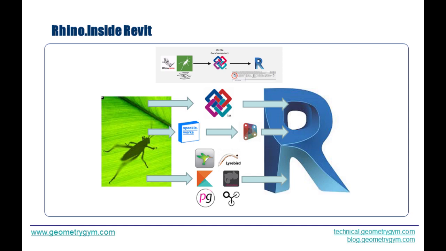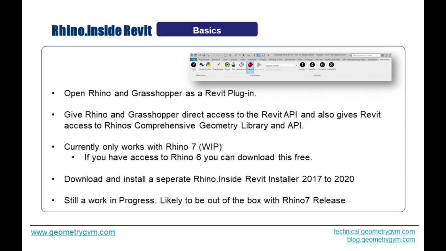And it seems like in one foul swoop, Rhino has just developed this plugin or technology, which allows Rhino and Grasshopper to be executed as a Revit plugin. So it gives Rhino and Grasshopper direct access to Revit's API, and it also gives Revit access to Rhino's comprehensive geometry and NURBS library and API.